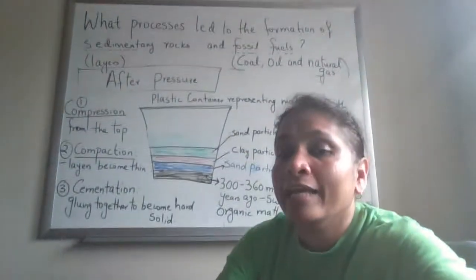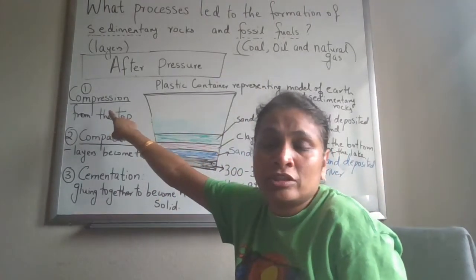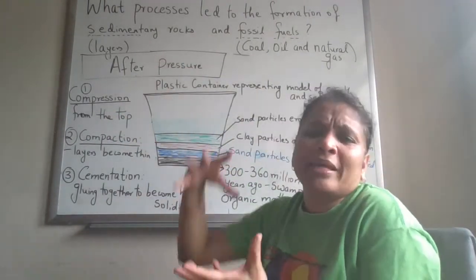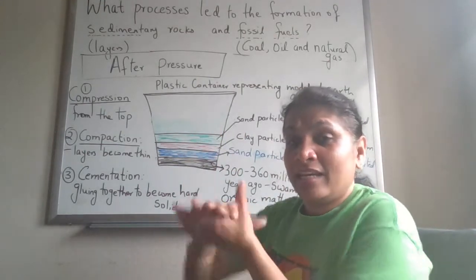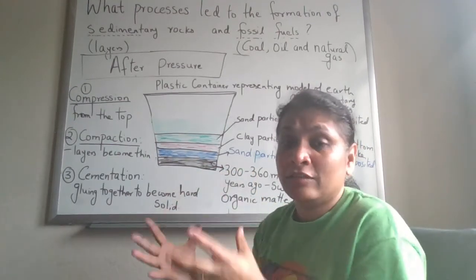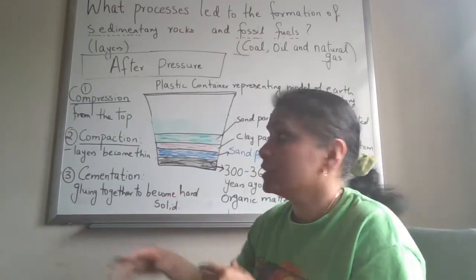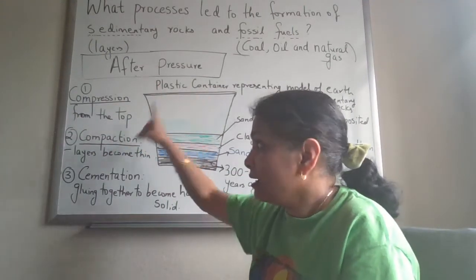Okay, so I call it the three C's: compression, pressure from the top, intense pressure, okay? And then the heat that is generated because of that pressure from the top and the heat from the center of the earth. So compression, pressure from the top, that's number one.